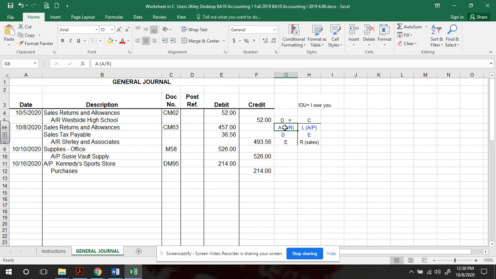Your assets increase. But when you return it back, you have to offset that. You've got to reverse that. So that makes sense that this is showing a credit. This is showing that this asset, my inventory, went down because I returned it. All right, so I'm reversing this purchase. I'm giving it back. When I first showed it as a purchase, I had it under debit because inventory is an asset.